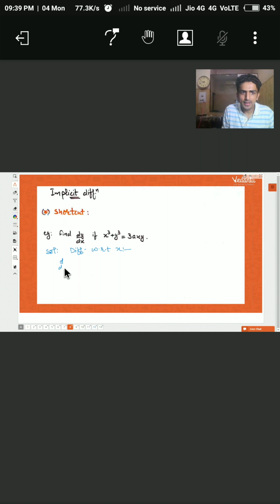We will get d by dx of x cube plus y cube is equal to d by dx of 3axy. Now we know we can break it. This is derivative of x cube plus derivative of y cube. Now guys, here you must be seeing chain rule coming into picture. Let me just keep this thing as such.